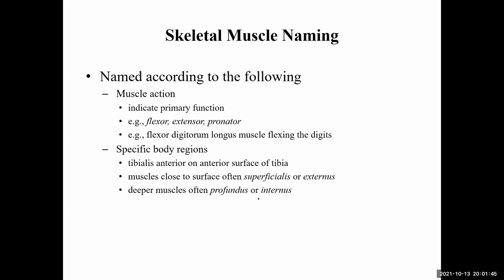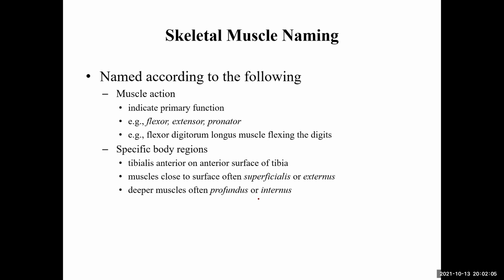So the first way that we can name a muscle is by what it does. What is its primary function? Does it flex? Does it extend? Does it supinate? Does it pronate? We'll see that some of the names of these muscles, for example, flexor digitorum longus. Flexor tells you that this muscle is going to flex something.